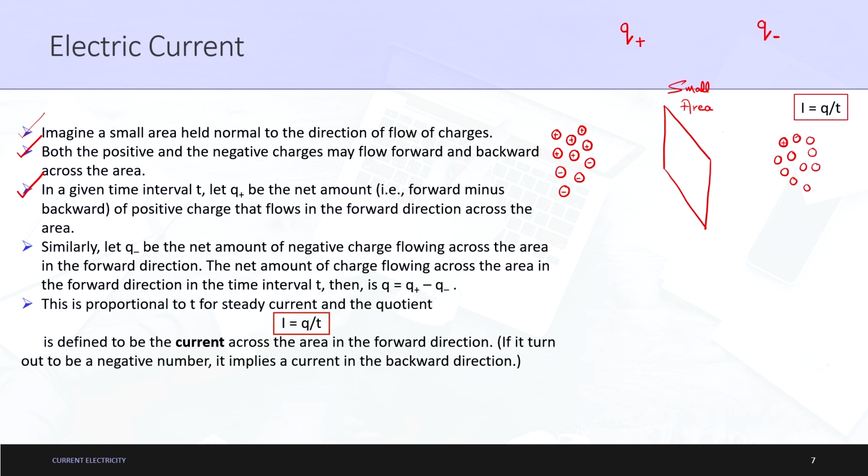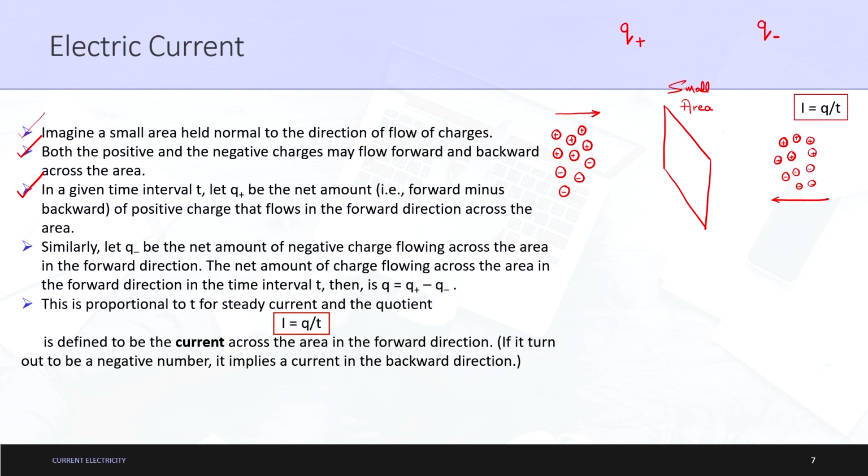Let some of them be plus, let some of them be minus. Now what does q plus say? Let us suppose that for these charges the direction of propagation is in this direction, and for these charges the direction of propagation is in this direction.